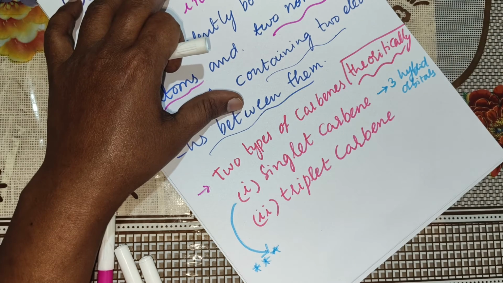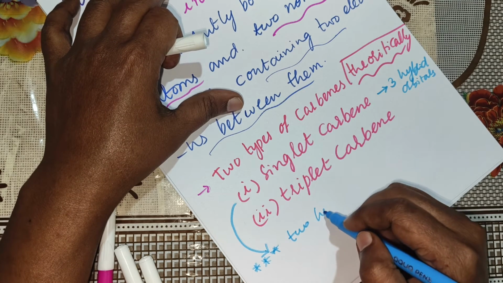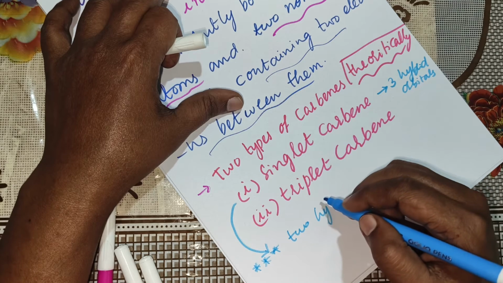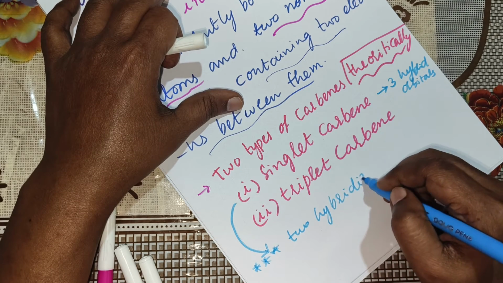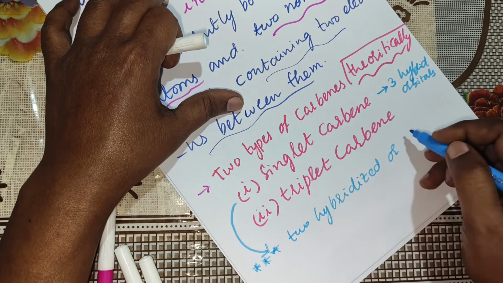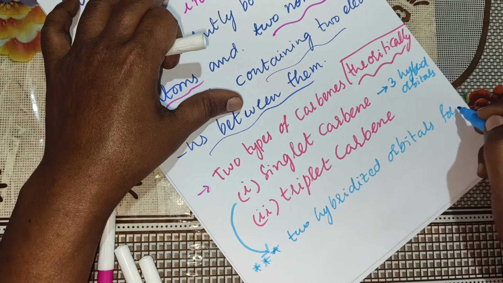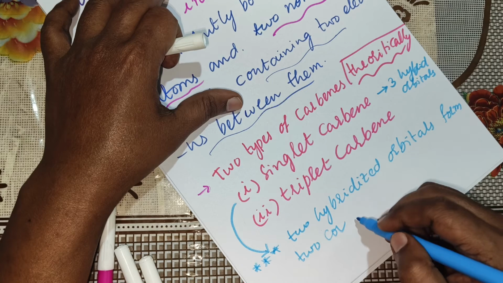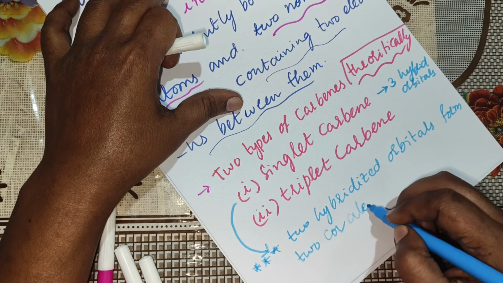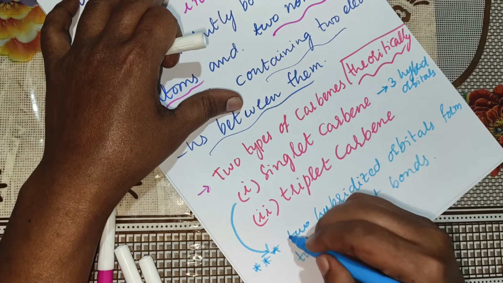The two hybridized orbitals form two covalent bonds. How many covalent bonds? Two covalent bonds. This is the first one.